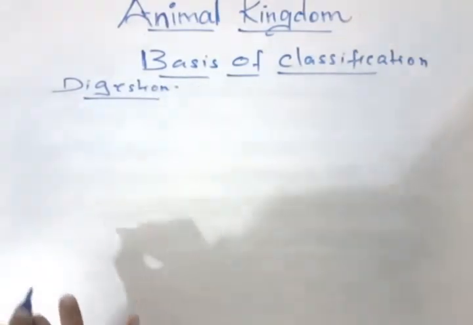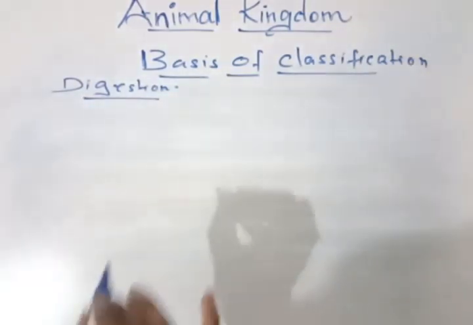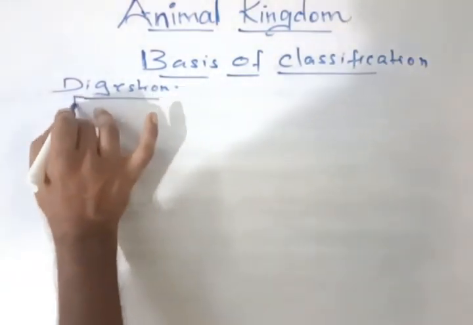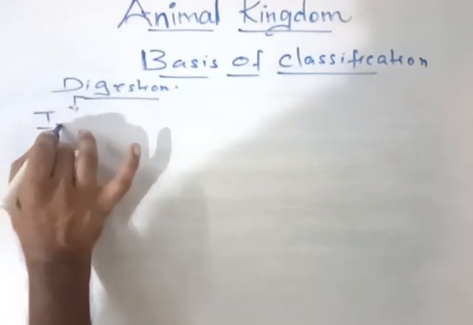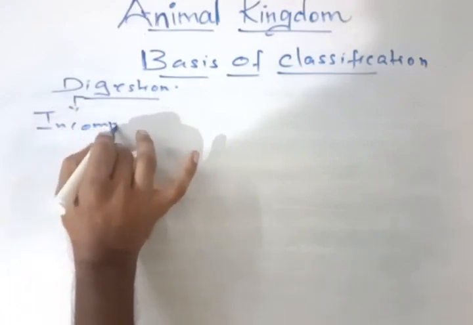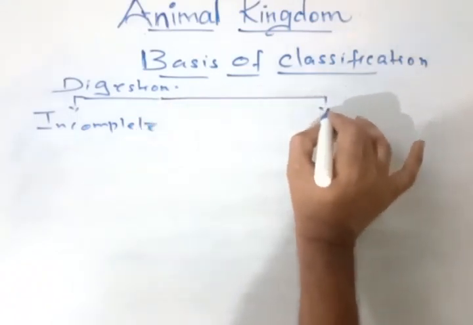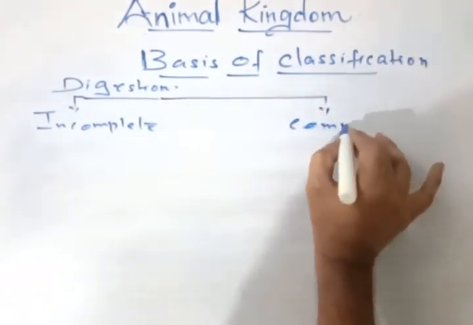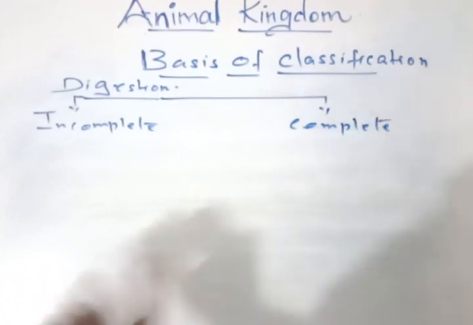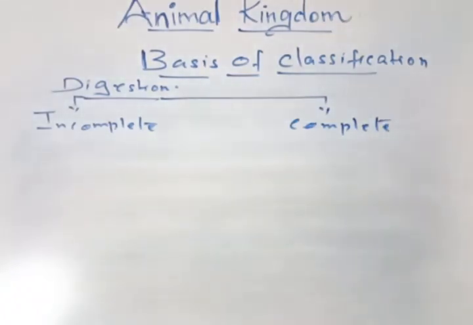Now, when you talk about digestion, there are two types of digestion that we have. One is called incomplete digestion, and another one is called complete digestion. Incomplete and complete digestion.